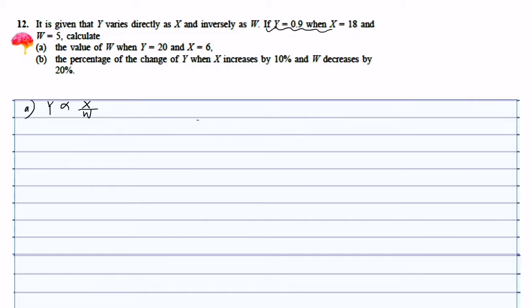Okay, all this information again is for you to find the constant. So before we find the constant, write the equation first. Y equals KS over W. We substitute the value of y equals 0.9, S equals 18, and W equals 5.